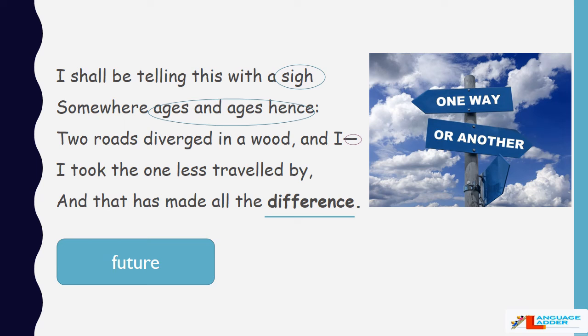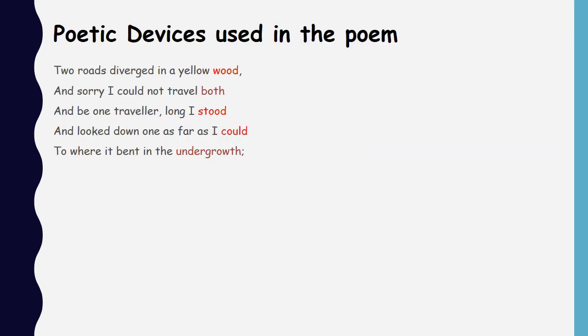Now let's look at the poetic devices used in the poem. Let's start with the most obvious one. Can you read the highlighted words? Would, both, stood, could, undergrowth. Can you see a pattern? You will notice that some words rhyme with each other. For instance, would rhymes with stood and could, and both rhymes with undergrowth.